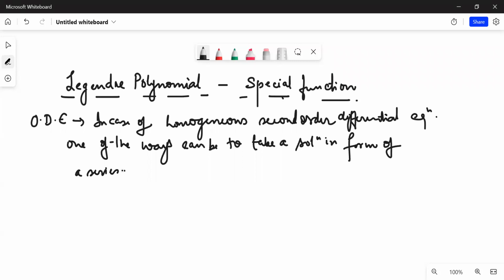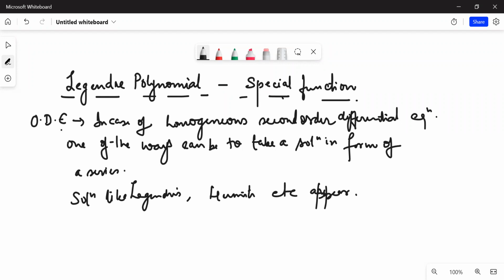And if one wants to take a series solution, eventually there are times that solutions like Legendre polynomials, Hermite polynomials, etc. appear.